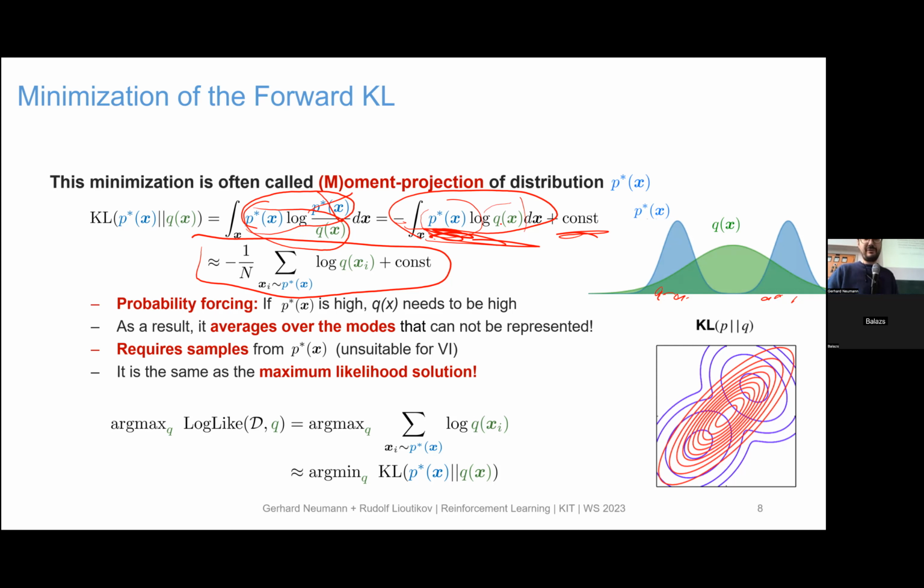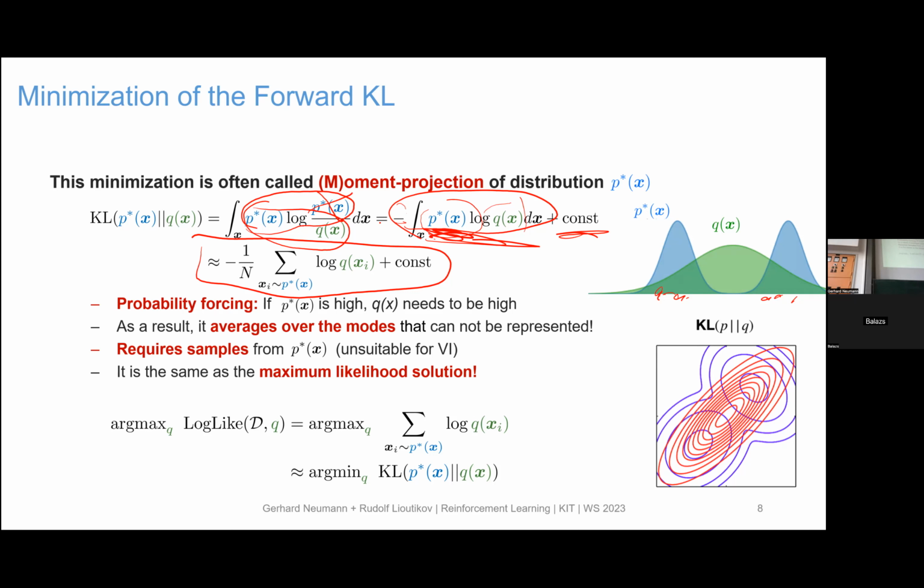Because if Q of x is close to 0, the log would be minus infinity, and because of the minus in front, that would be very high. So we wouldn't want that, because we minimize. So it's probability forcing, which means everywhere P star is high, Q needs to be high.